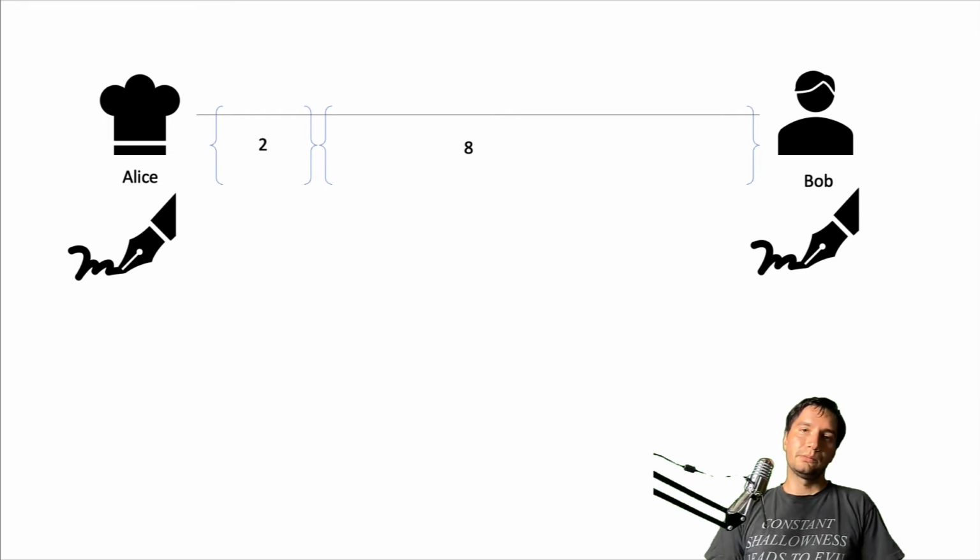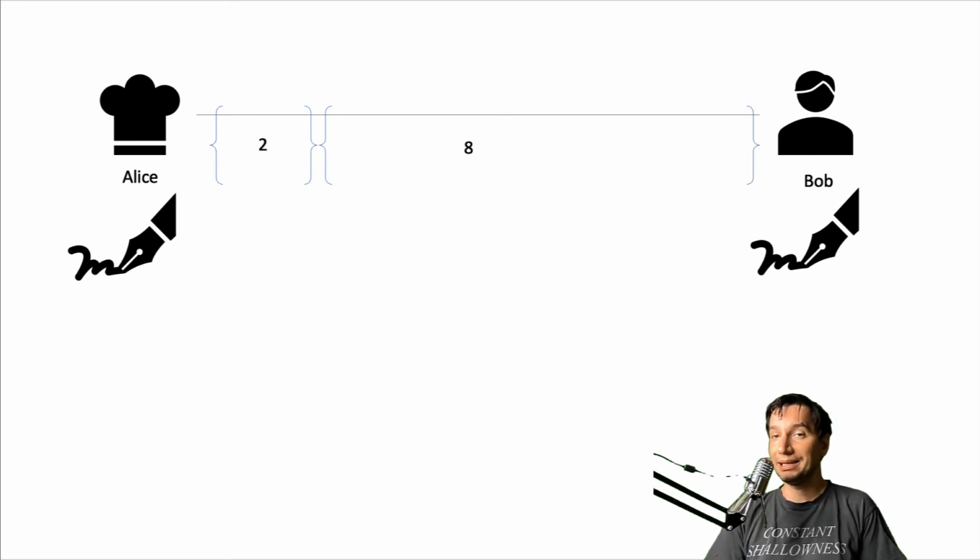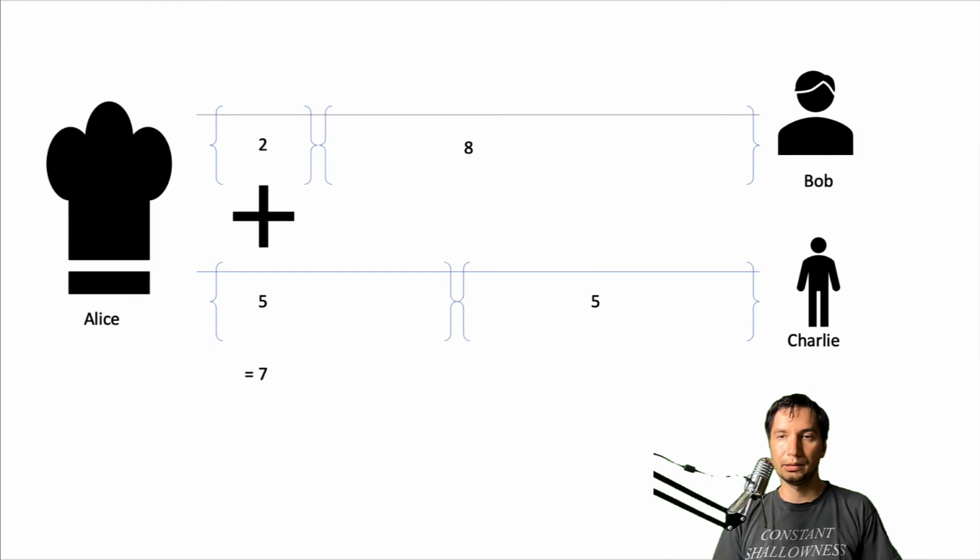So maybe Bob would like to buy something not only from Alice but from Charlie. The problem is Bob doesn't have a channel with Charlie. He only has a channel with Alice, but thankfully Alice has a channel with Charlie as well.